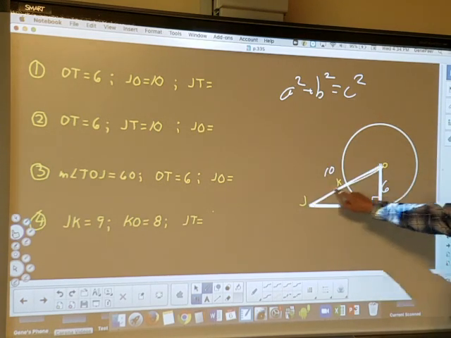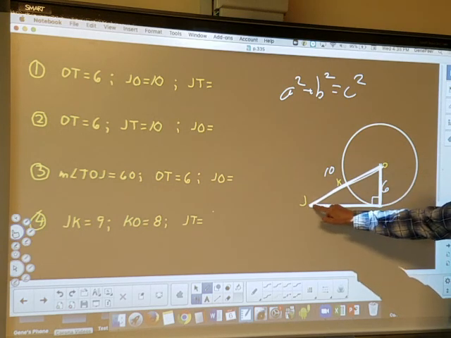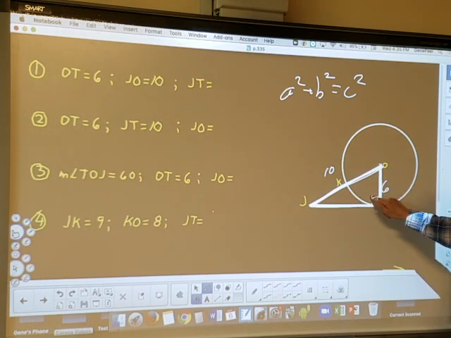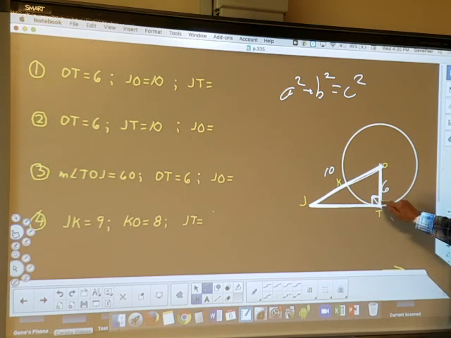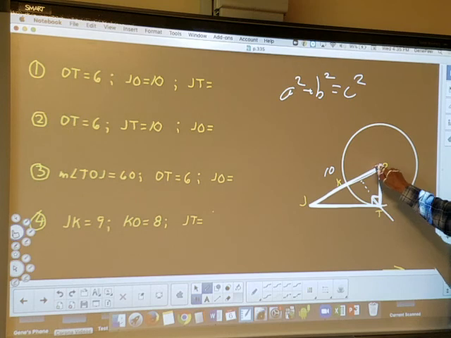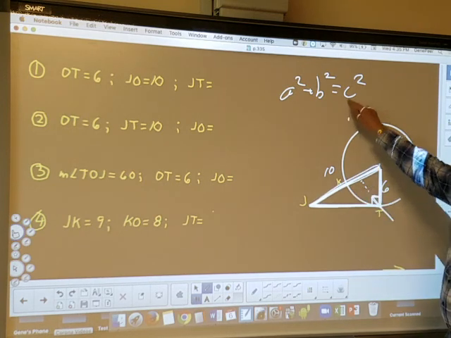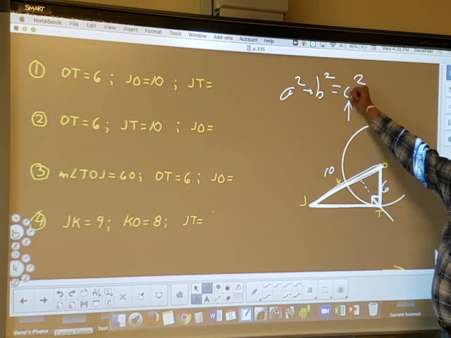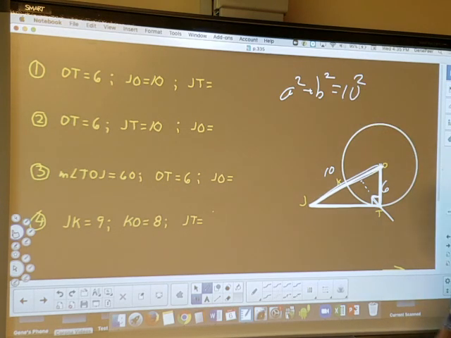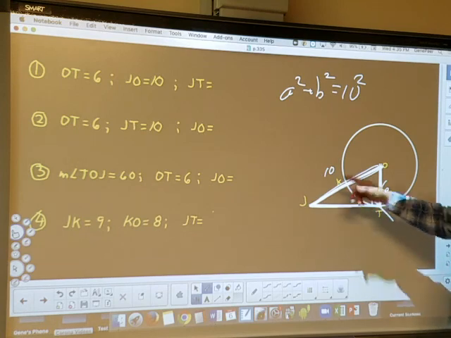Isn't this the hypotenuse? The longest side? The side opposite the right angle? The side that the right angle symbol is pointing to with an arrow right there? This is the hypotenuse, and the hypotenuse always has to be in the place of C. So C this time is 10. A and B, it doesn't matter which is which.